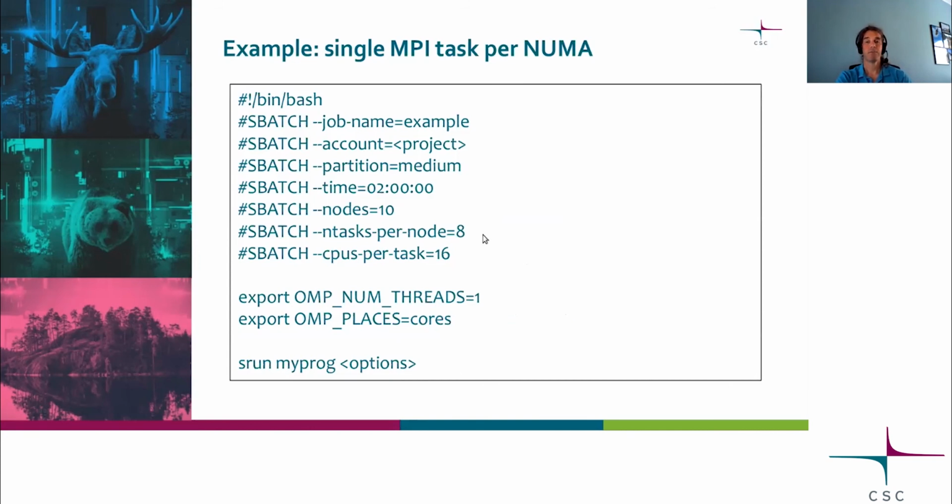As we have 8 NUMA domains, we would have ntasks-per-node equal to 8 here, and you want to place them 16 CPU cores apart, with CPUs per task, and still running with only one thread.